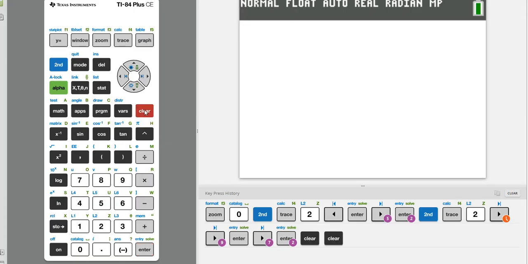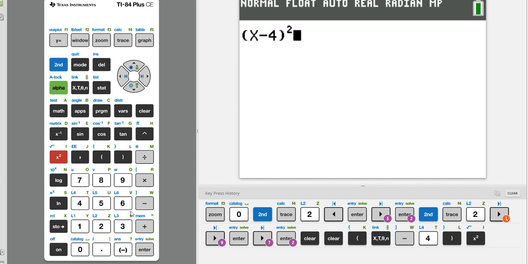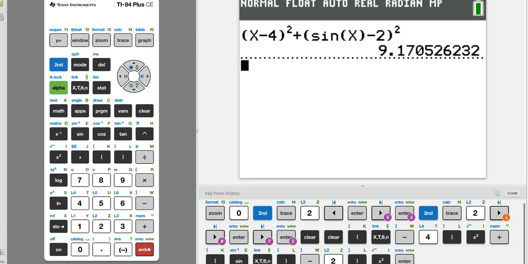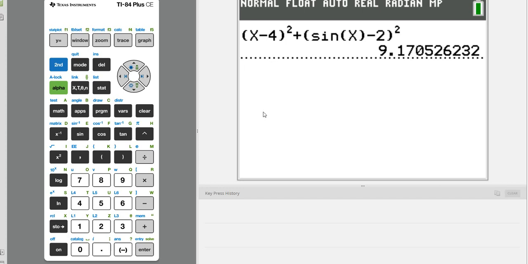Let me clear this and let's calculate (x minus 4) squared plus parentheses sine of x minus 2, and then square that. 9.17. Let's compare that to the value of the function at that other value of x.